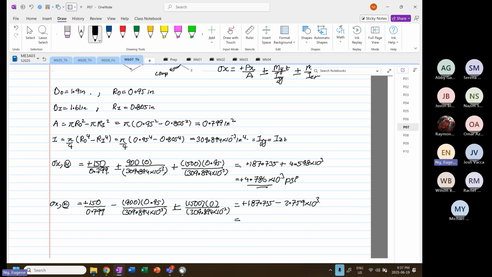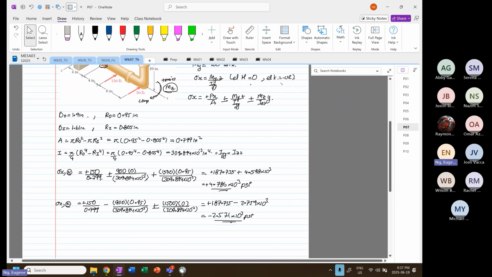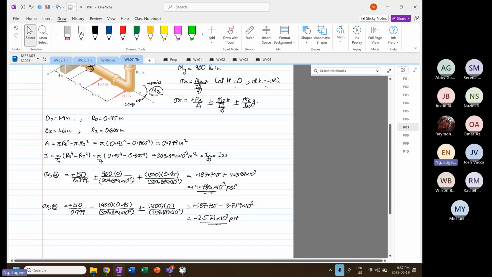So this is 187.735 minus 2.759 times 10 to the power 3, which is equal to minus 2.571 times 10 to the power 3 psi. Okay, so this is how you find your normal stress at H and K. There is shear also, but I'm not doing shear yet because I'm not taught shear yet. We're going to focus on normal stress.